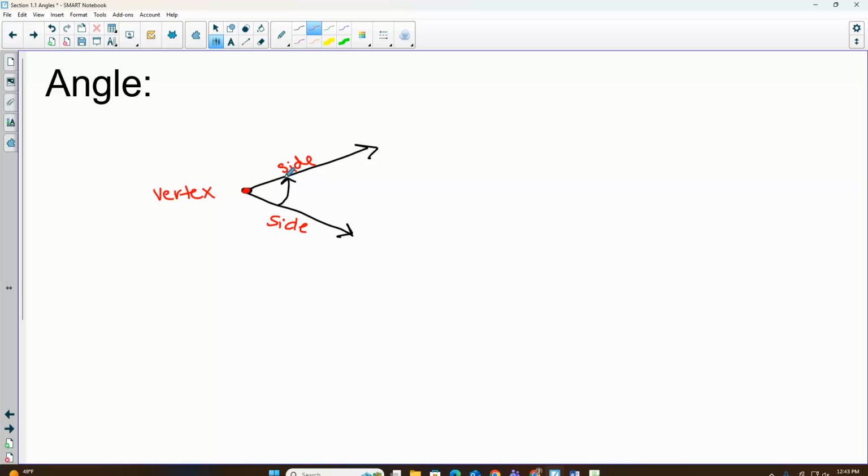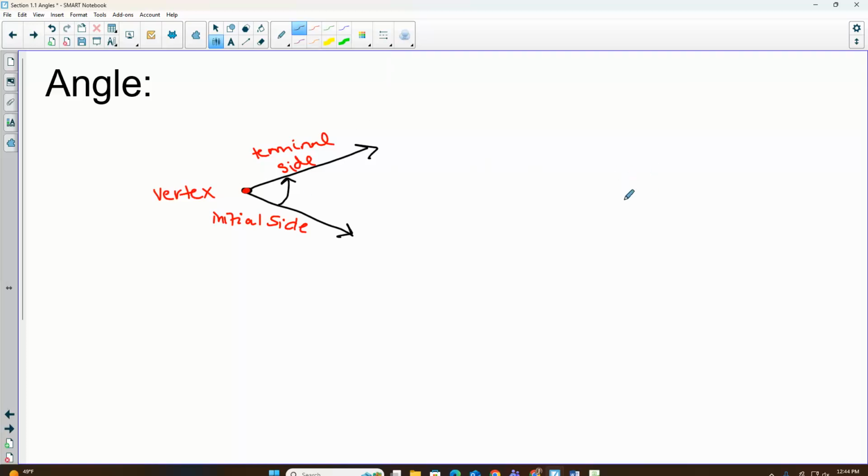So if I draw that, which one would be my initial side? The bottom, because that's my starting. This would be where I end, so that's the terminal side. So initial is just beginning, terminal is ending, and that's based off the symbol in the middle.